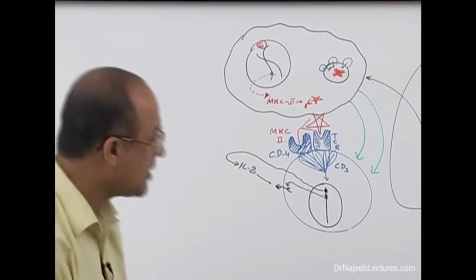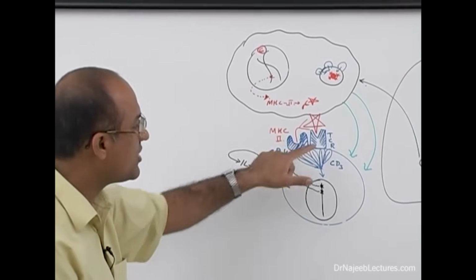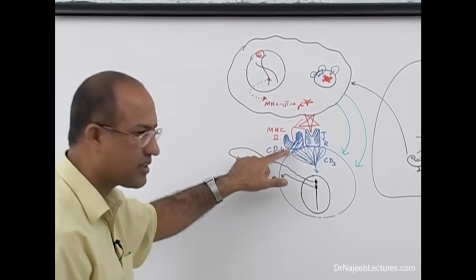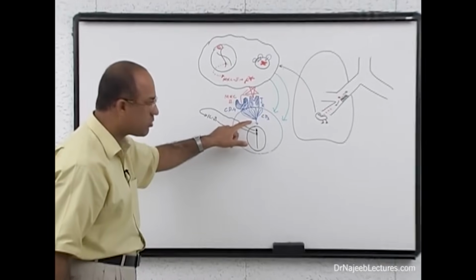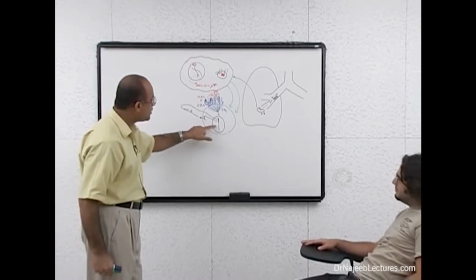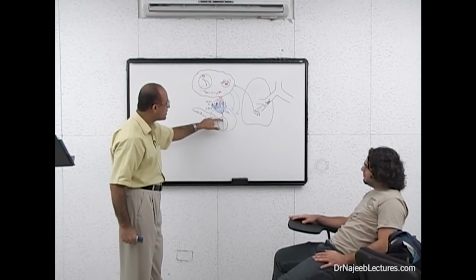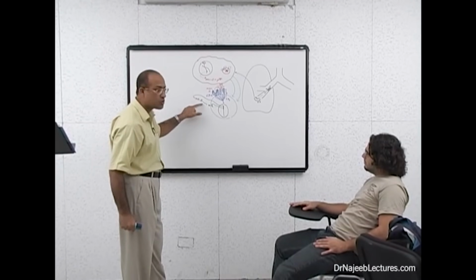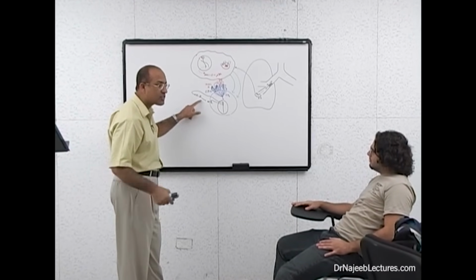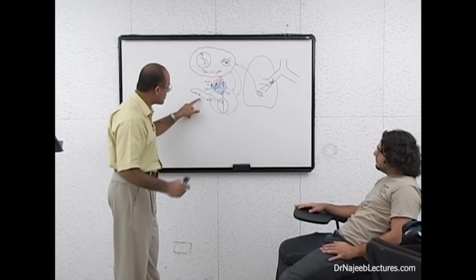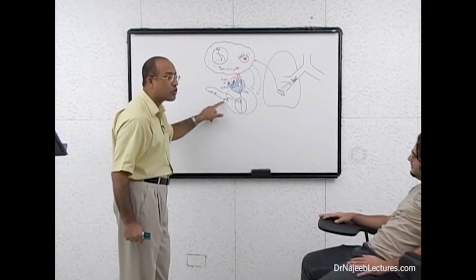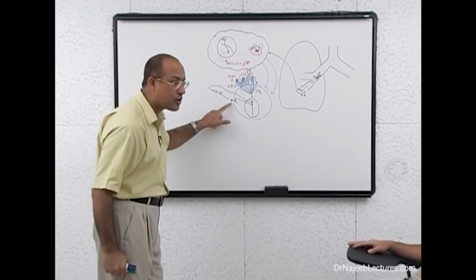Again, let me repeat it: as soon as this TCR and CD4 are stimulated via the CD3 pathway, it will activate the nucleus. The first gene activated will produce interleukin 2. So this cell will start secreting interleukin 2. Secondly, this cell will start overexpressing the receptor for interleukin 2.